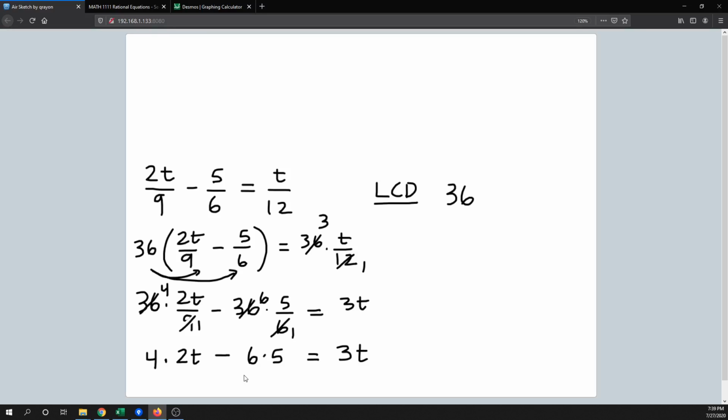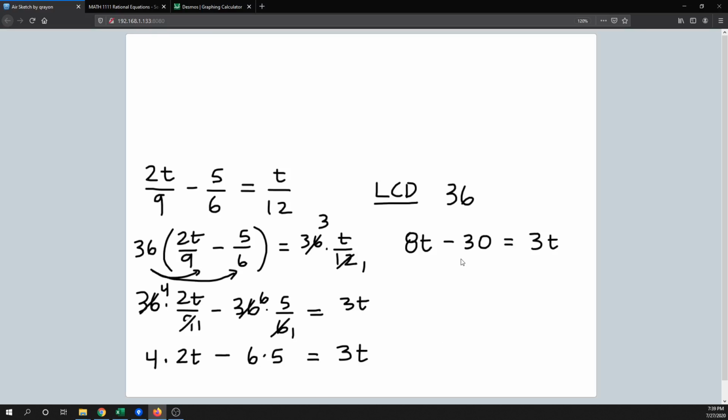So first off, simplify both sides as much as possible. So here I can multiply the 4 times 2 to get 8t. And 6 times 5 is 30, so that's going to be 8t minus 30 on that side, equals 3t. Okay.